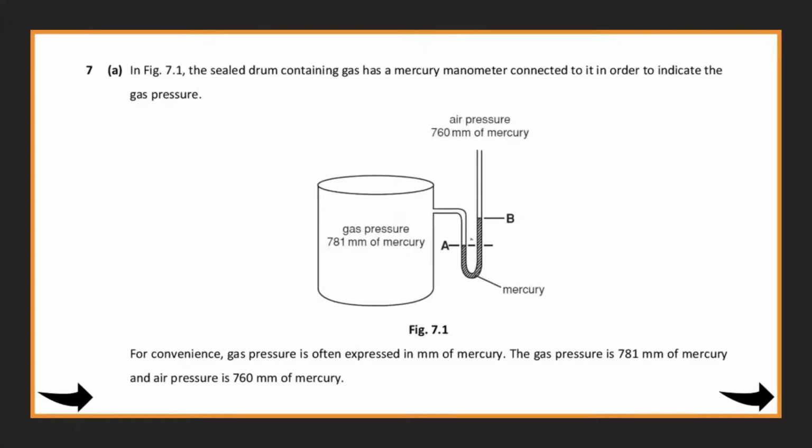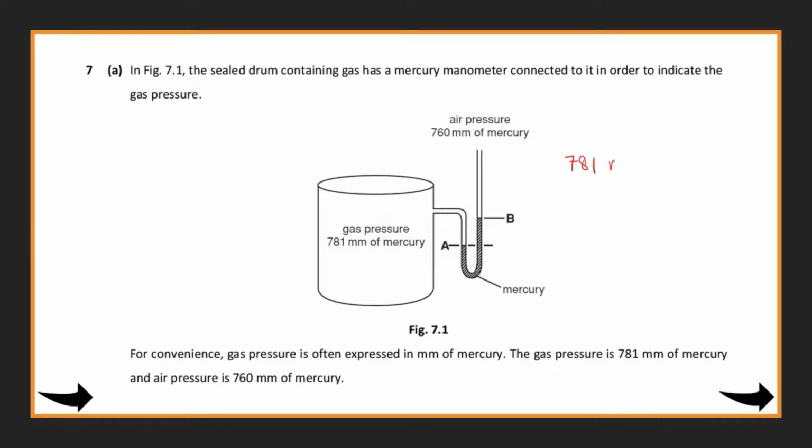The difference of height between A and B represents the difference of the pressure between gas and air. Level A is lower than level B because the gas pressure is higher or greater than the air pressure.